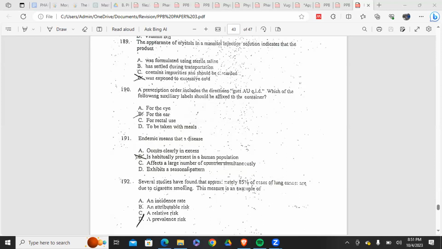For example, we would say malaria is endemic in East Africa region. Tumekubaliana on hiyo mfano.